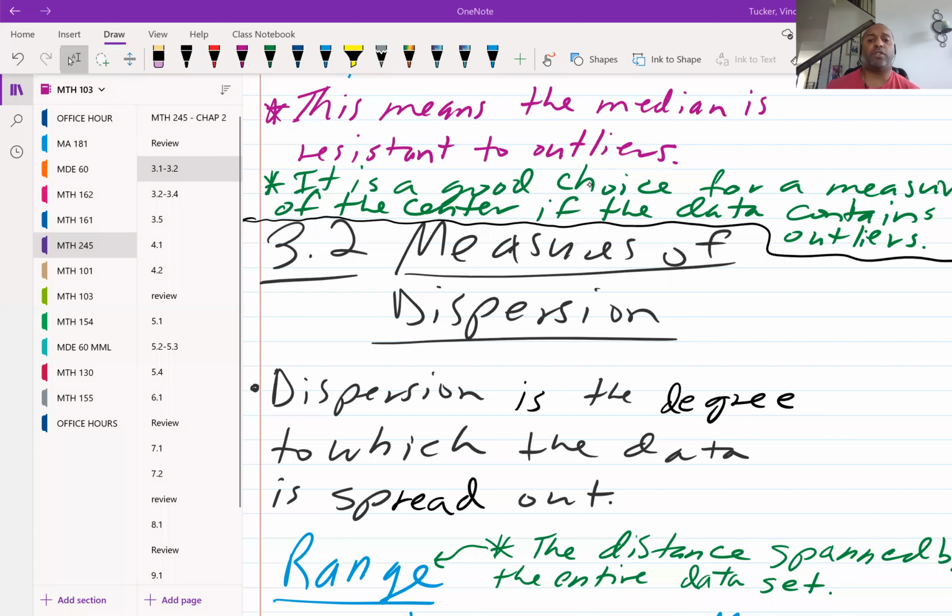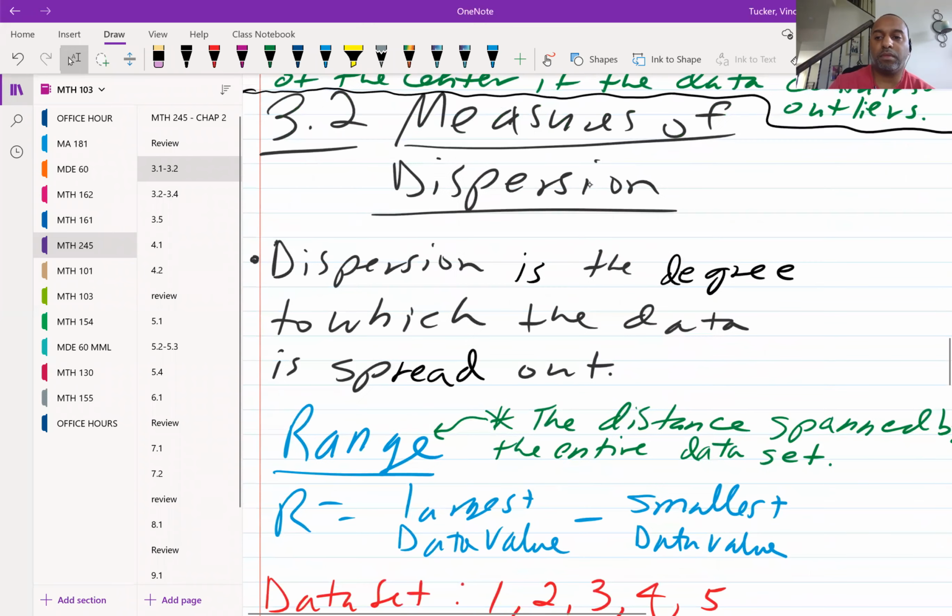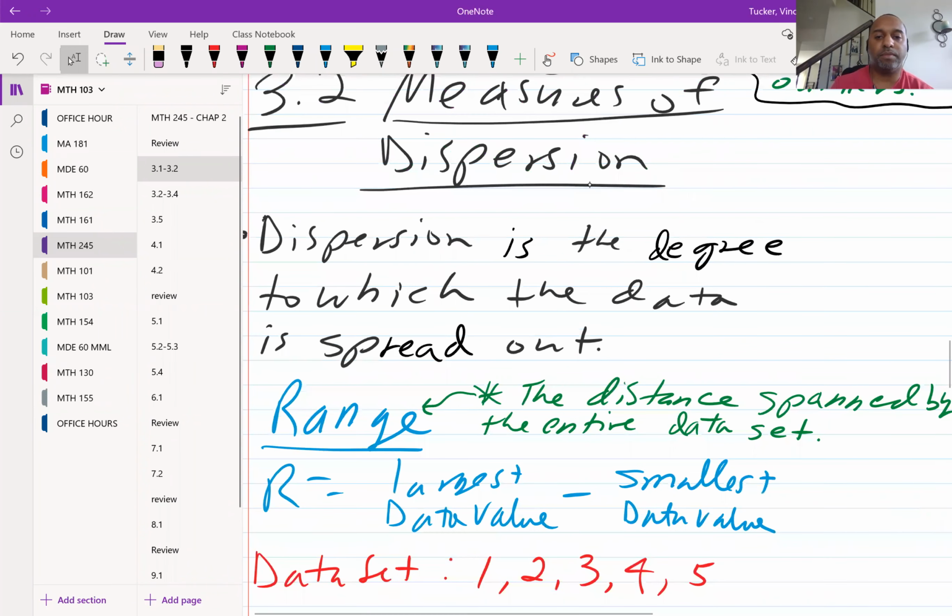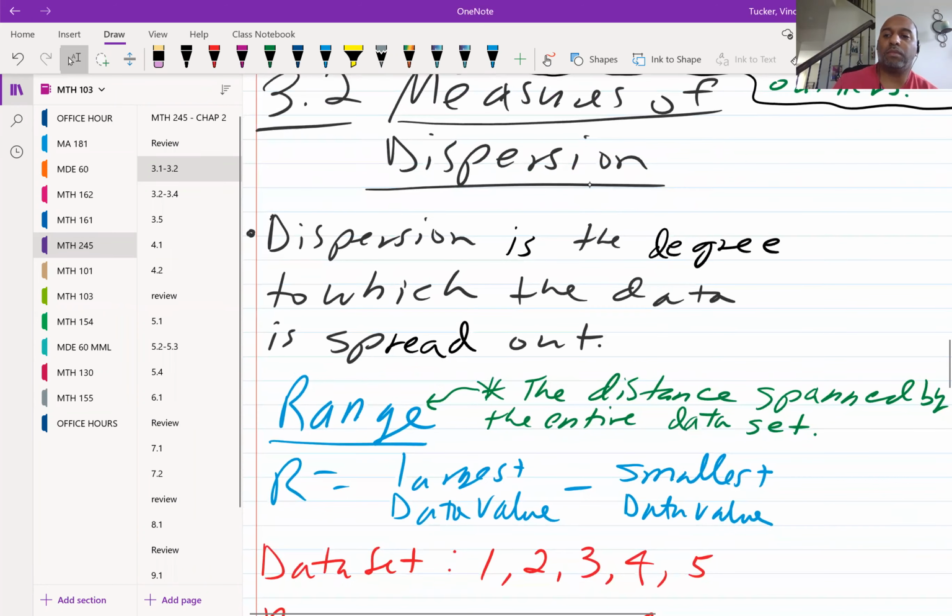So 3.2, measures of dispersion. Dispersion is the degree to which the data is spread out or dispersed. The range is the first thing that they ask us to find.